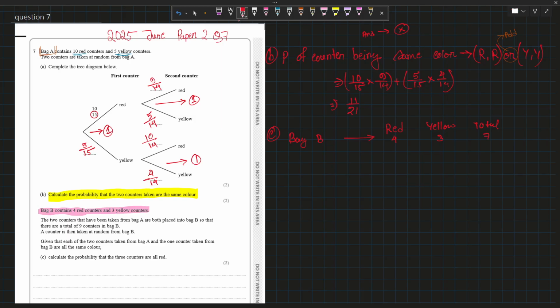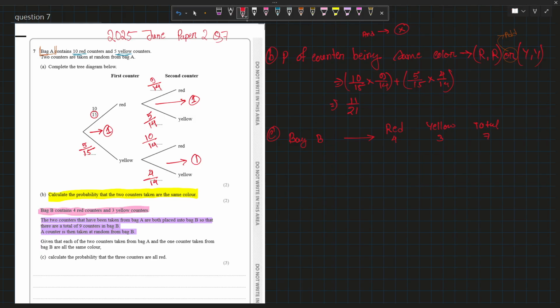All right, now let's see what the question tells us further. Two counters that have been taken from bag A are both placed into bag B, so that there are a total of 9 counters in bag B. Okay, fair enough. A counter is taken at random from bag B then.